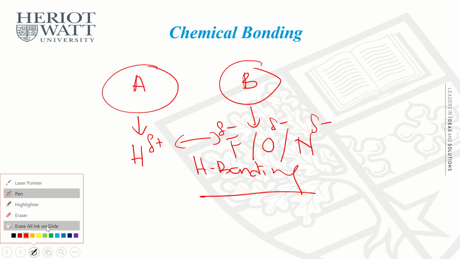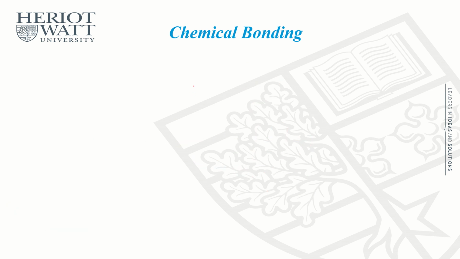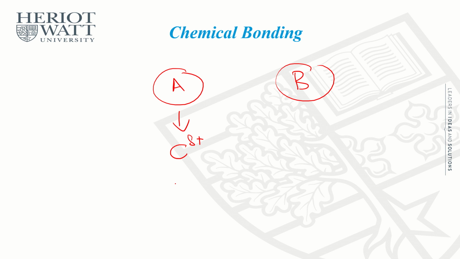And what about dipole-dipole? Dipole-dipole is any other polar molecules, which means not between H and FON. The rest of it are actually forming dipole-dipole. For example, I must have a molecule of A and B here again. And what do I have here for molecule A? I must have an atom, which is delta positive, for example, carbon.